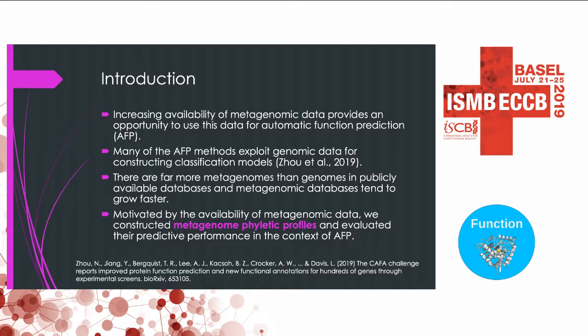However, there are far more metagenomes available in public databases than genomes, and metagenomic databases also tend to grow faster. So, motivated by the availability of metagenomic data, we constructed metagenome phyletic profiles and evaluated its predictive performance in the context of automatic function prediction.